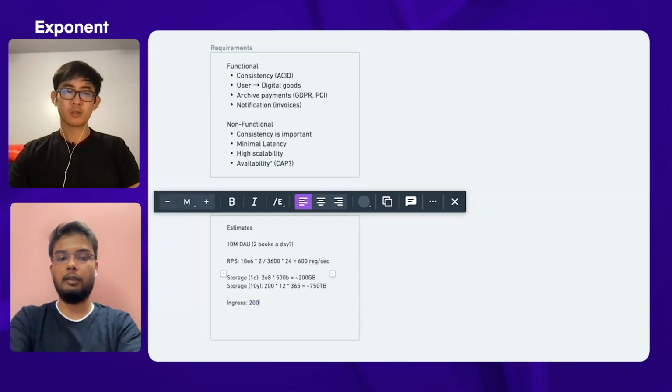So let's do 200 gigabytes, and we can divide by 3600 times 24, the standard one day into seconds, and this should be about 4 MB per second.